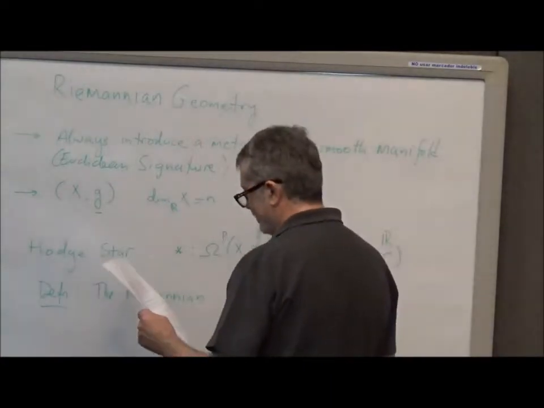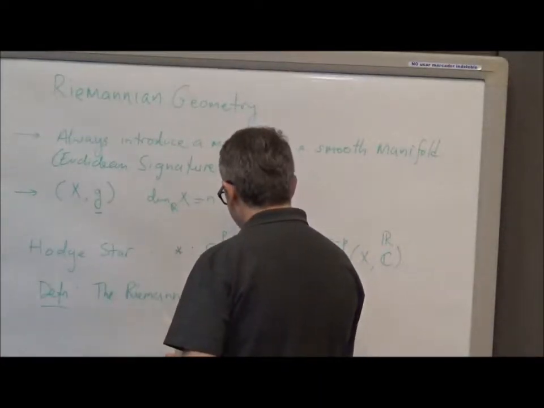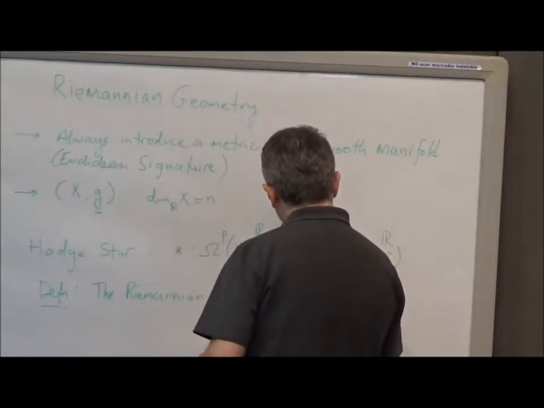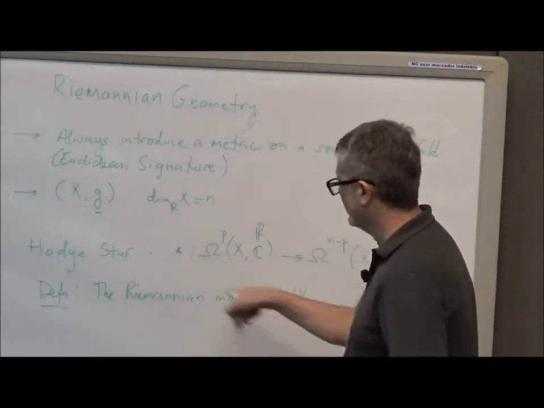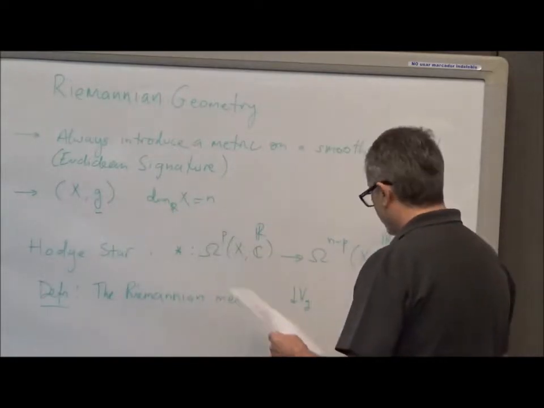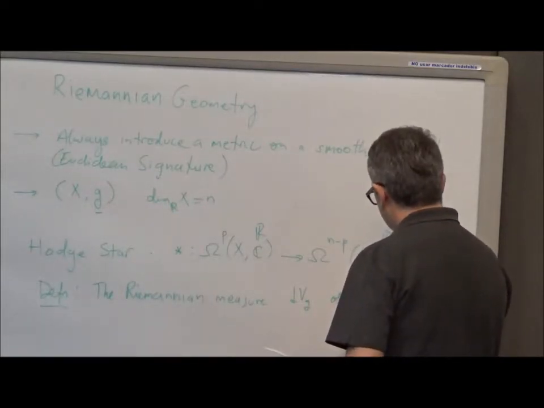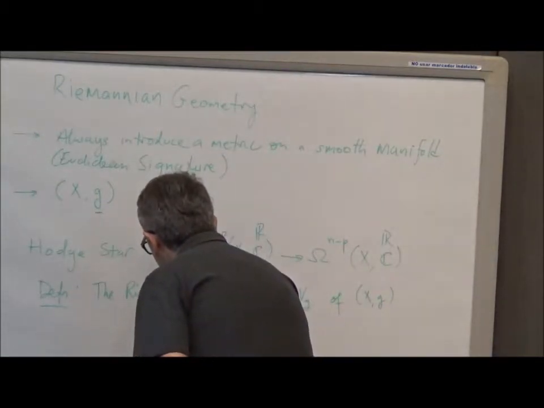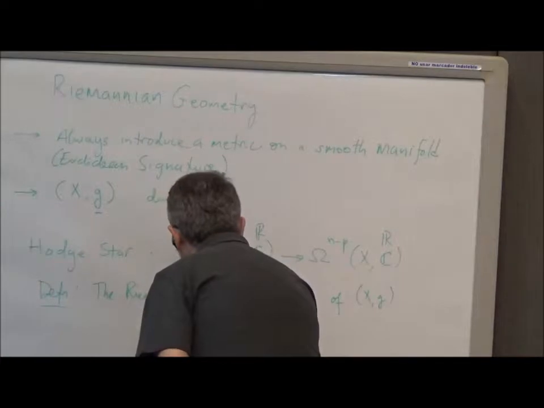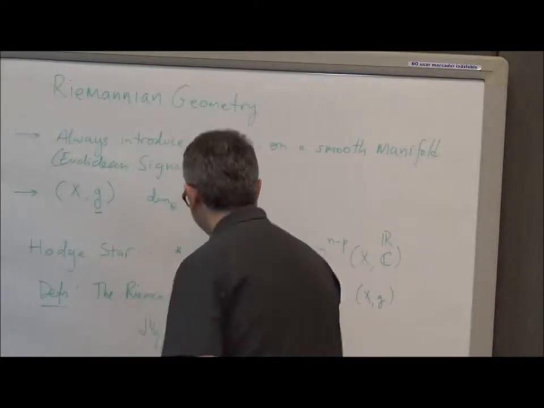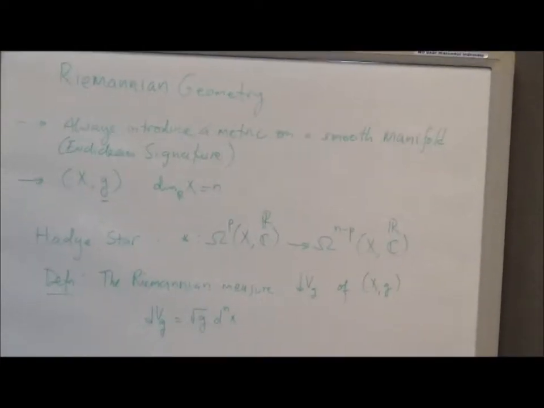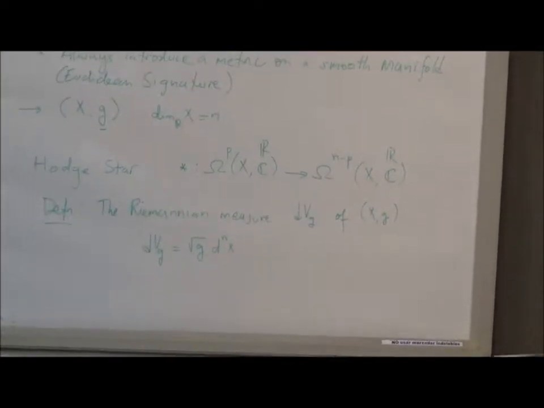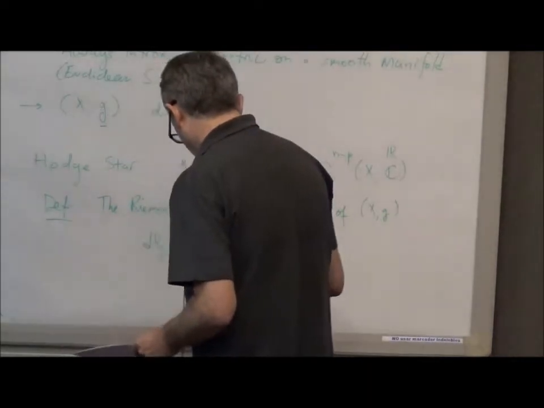The Riemannian volume, so the Riemannian measure, let's say, dvol_g, I've put the g there, that's the same g as that one, of (X, g) is defined to be dvol_g equals root g dx. This looks really familiar for those who have done GR.